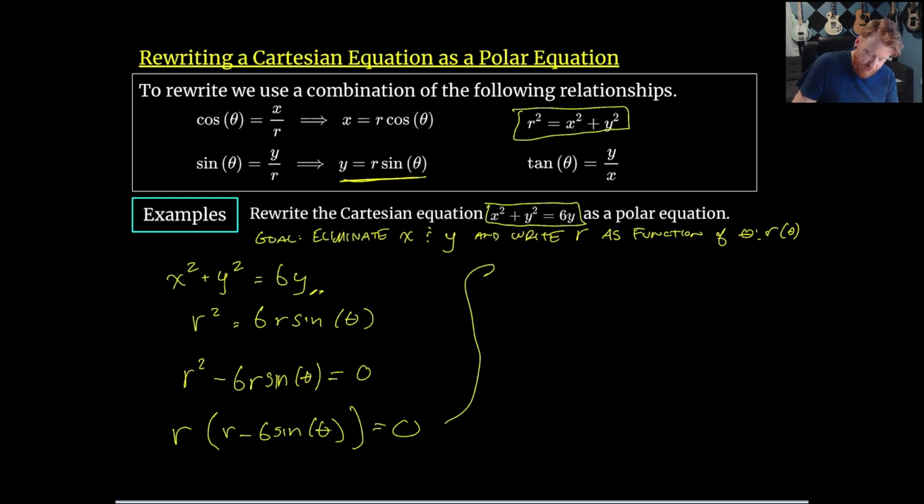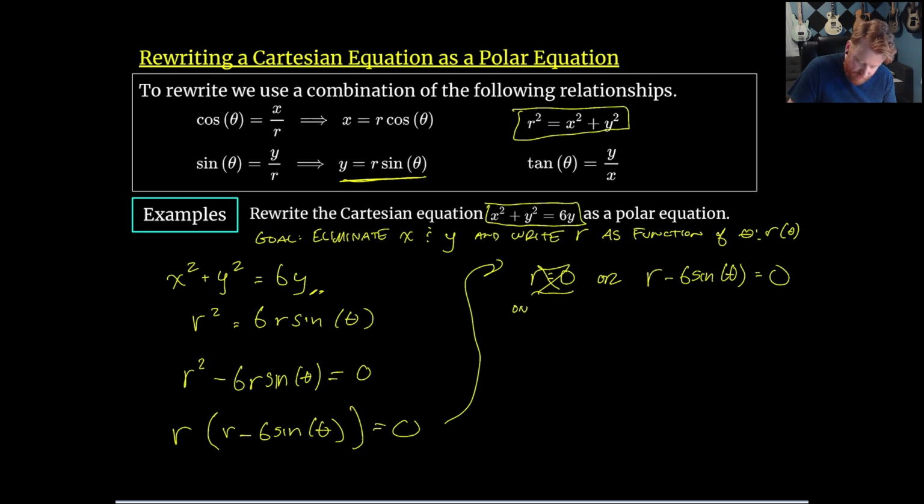So using the zero factor property now, this tells us that either r equals 0 or r minus 6 sine of theta equals 0. Well, r equals 0 just gives us a single point. It just gives us the point, the pole. It just gives us 0, 0. So we will throw this out. This is not giving us a full equation. It's just giving us one of the points.